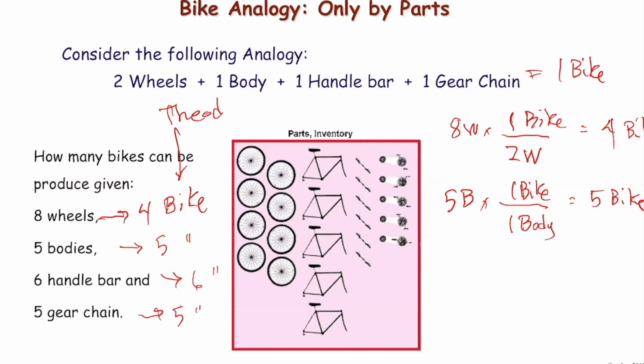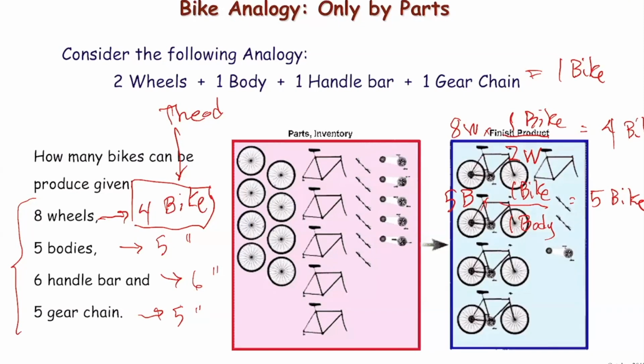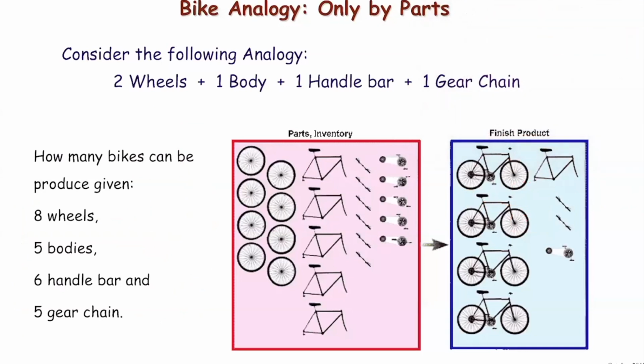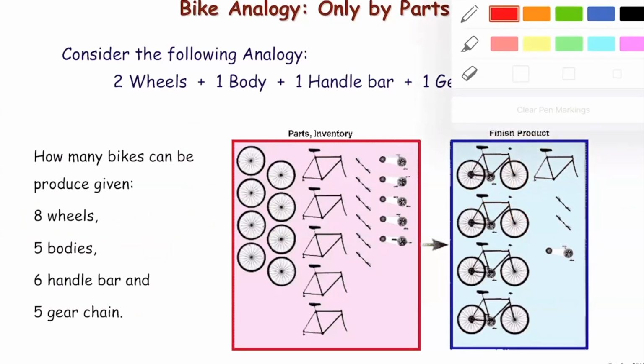The amount that is the smallest, this is a big hint, the amount that is the smallest is what you're going to end up with. Why? Because the wheels will run out first before the other parts. So using this list, I'm going to end up making 4 bikes only. And then the others will be extra parts, like what you see right here.